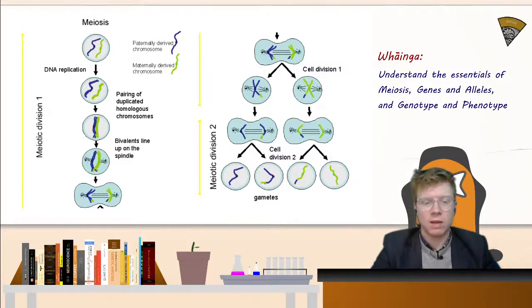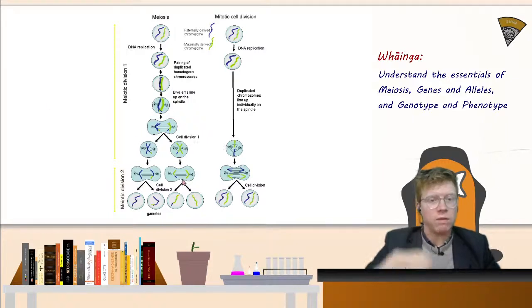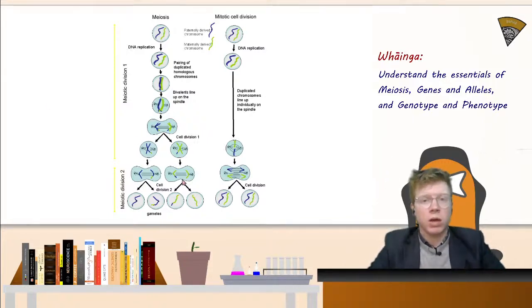Hopefully that all makes sense so far. I'll show you this diagram. It'll be a little bit hard to see, but this is next door to mitotic cell division, right? Showing this example again, hopefully you can see that there are some key differences there. You've got one cell division occurring in mitosis, where you've got 2 occurring in meiosis.